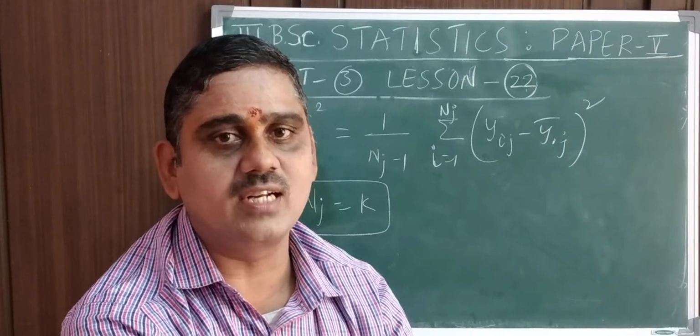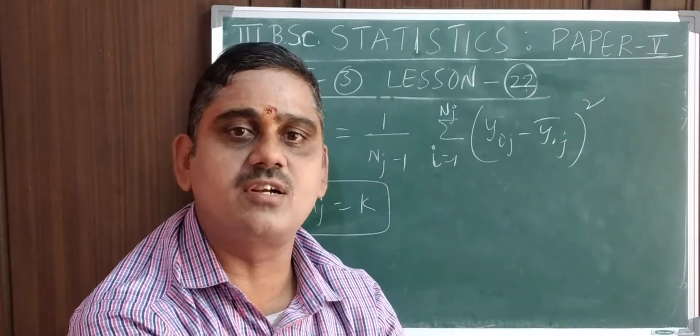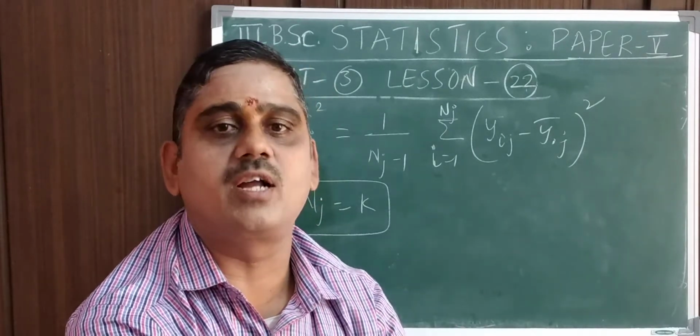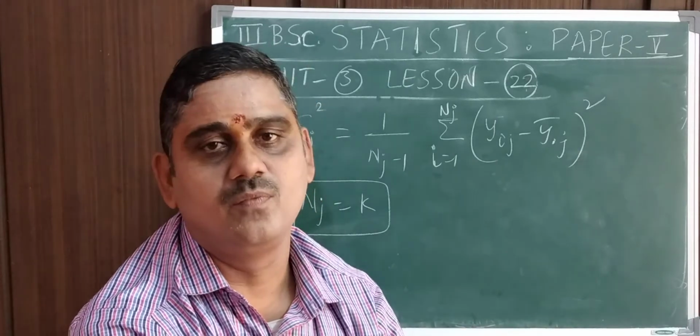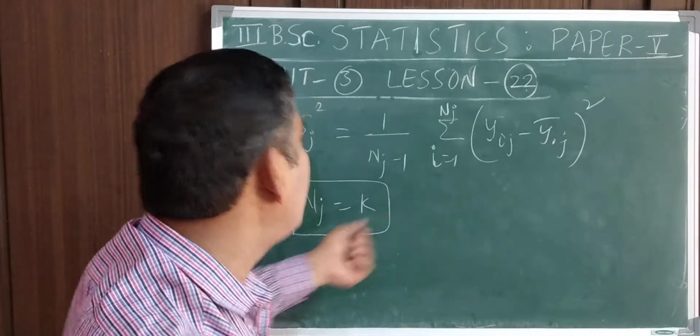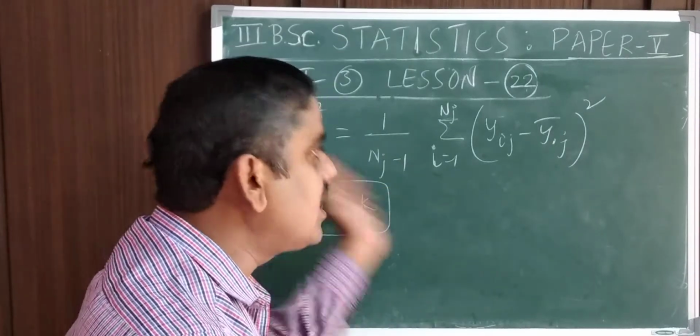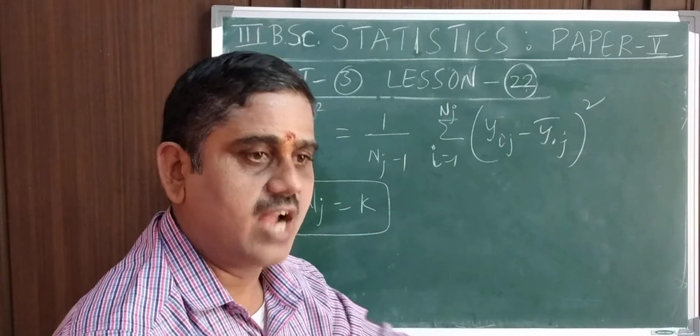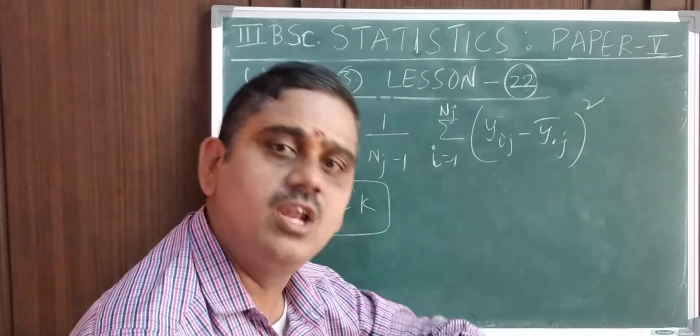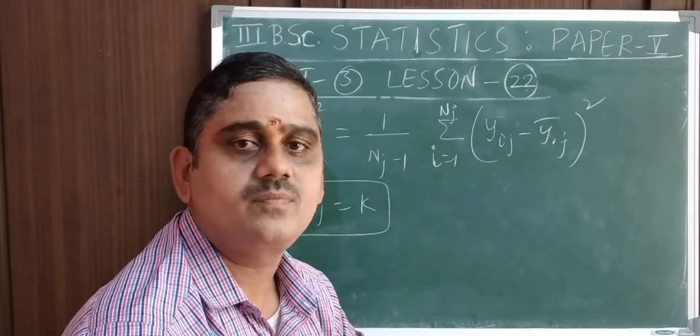For that consideration, small n strata we have considered and k units in each and every stratum. So every stratum consists of k units. Therefore nj is equal to k, in the entire assumption of stratified random sampling in view of systematic sampling.